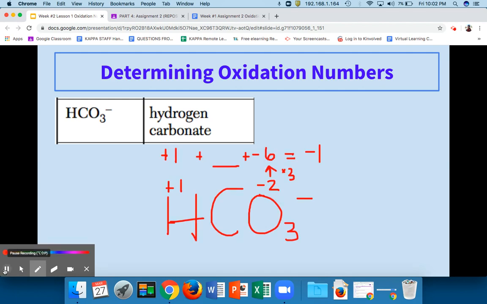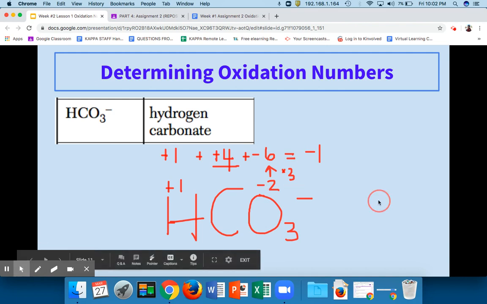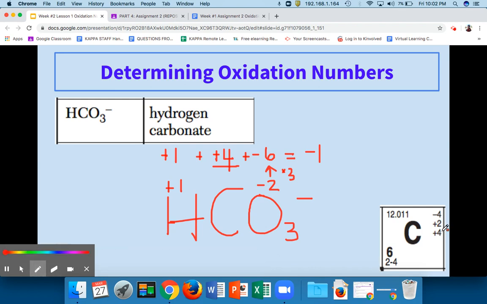What do you think? This has to be a +4. So this gives us a 5 -6. That gives us -1. Now let's check if we're right by looking at our reference table in the oxidation states. And yeah, carbon has a +4 oxidation number. So I know I did it correctly.